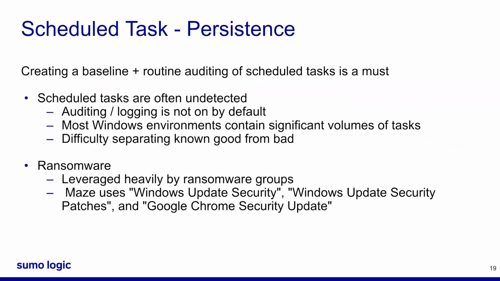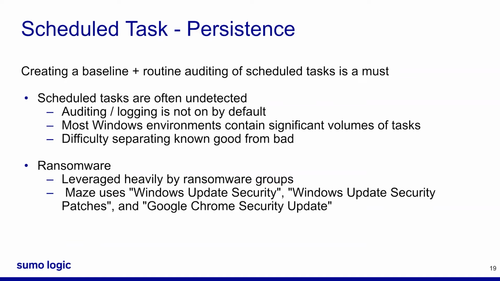So again, this is what I had mentioned. You've got to baseline this and do a routine auditing of the scheduled tasks. They're so often undetected, and I don't know, it kind of hurts my heart a little bit. This is one of those event IDs that should be logged everywhere and definitely taken a look at and definitely taken more seriously. Heavily utilized by ransomware.